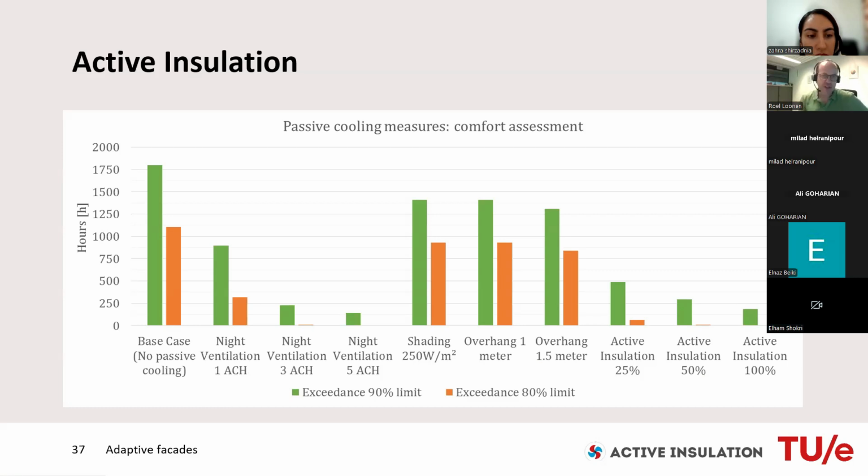This can be reduced significantly with the help of night ventilation, not so much with shading, but also a lot again, and in the right 3 bars with the active insulation technology.